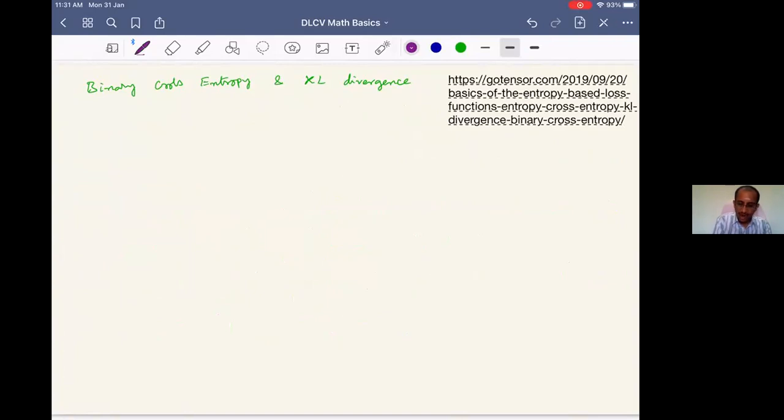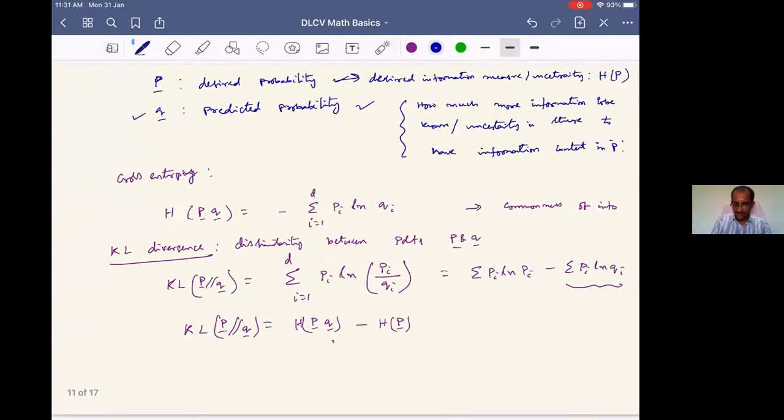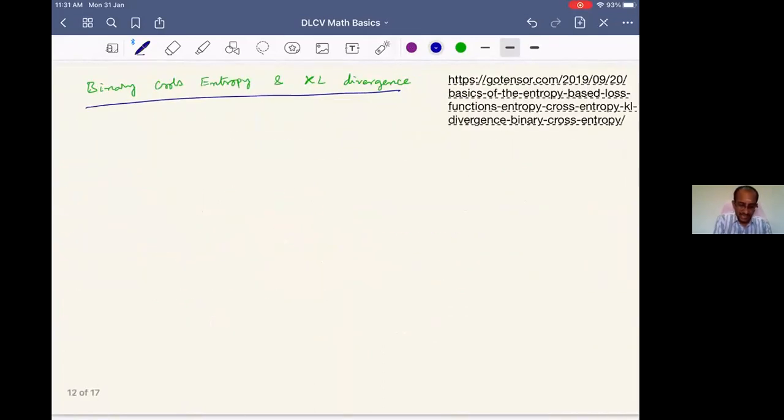What differs in this application from the conventional way of calculating the KL divergence and the cross entropy is that most of the time we have the desired probability binary in nature. It can be 1 for one of the classes and 0 for the other classes. Just to take a simple example, if we have two outcomes, it can be 1, 0 or 0, 1.